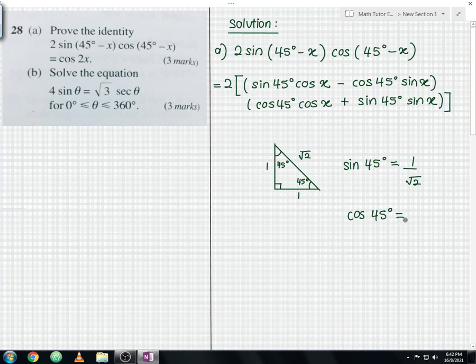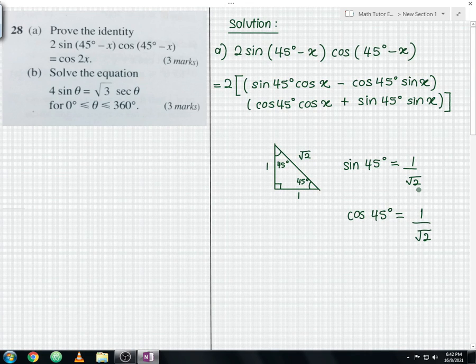The formula to find cos 45° is adjacent over hypotenuse. In this case your adjacent is 1 and your hypotenuse is square root 2, which is basically the same value for sin 45° and cos 45°. I'm showing this just in case you don't know how you get this 1 over square root 2. I just want to make this clear to you guys.